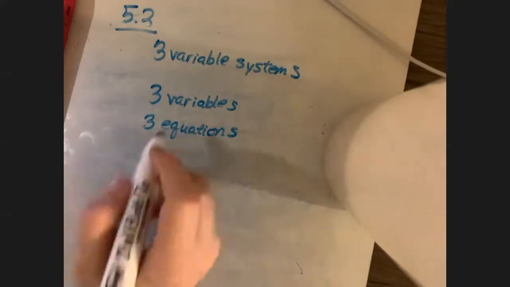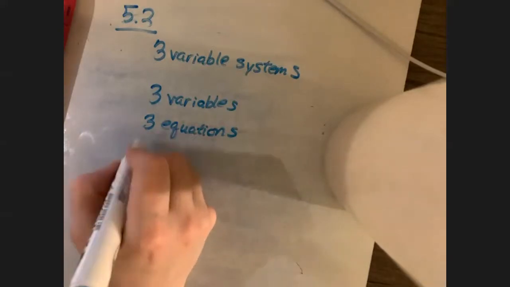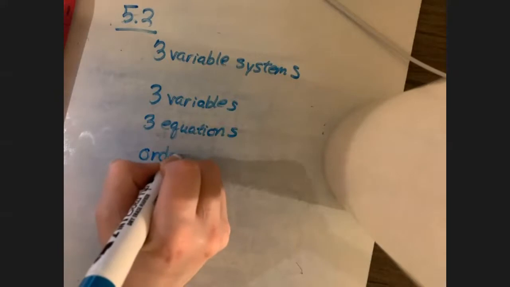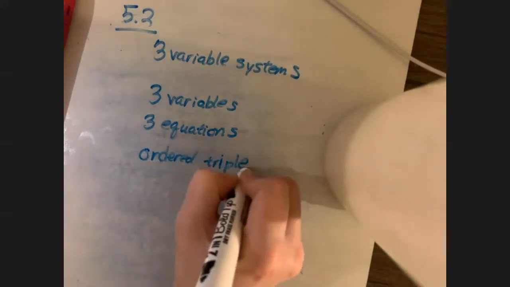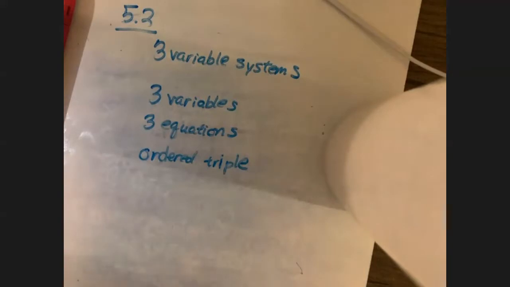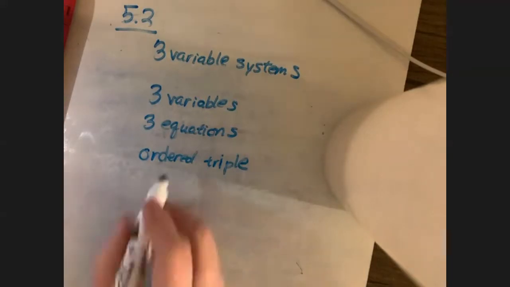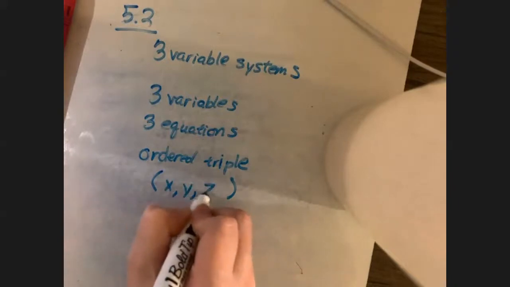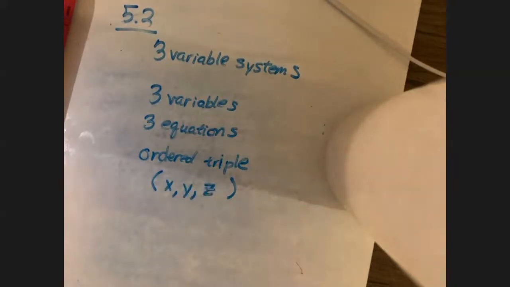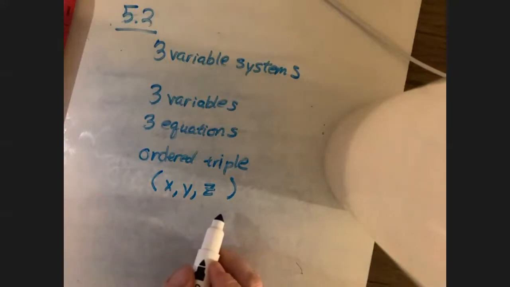So now what we're going to have here is what's called an ordered triple. So instead of an ordered pair, it's an ordered triple. So instead of X and Y, we're going to have X, Y, and Z. Again, it just goes alphabetically when we're doing this.